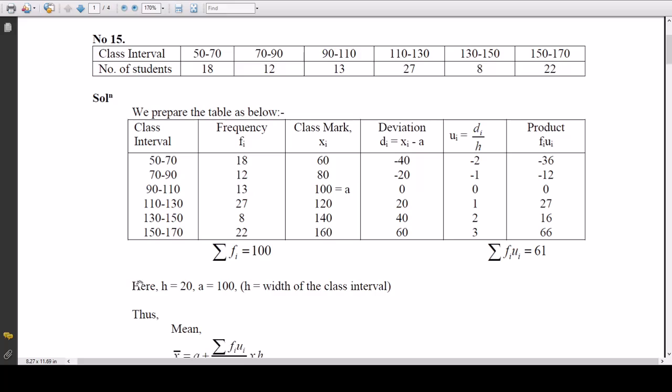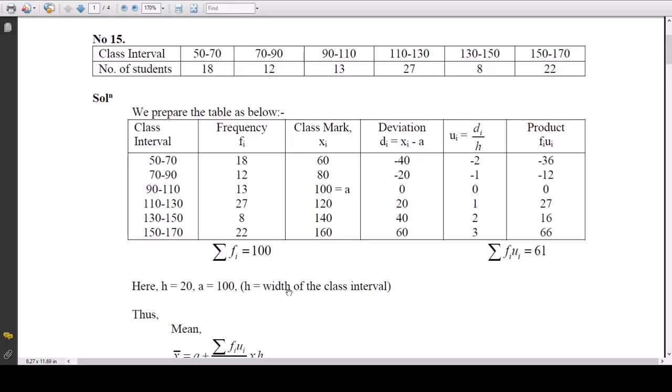Okay, next here we have H, the width of class interval, which is 20. A is the assumed mean that we have already taken to be 100.